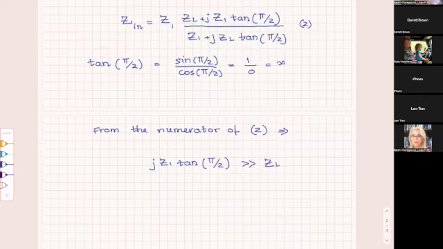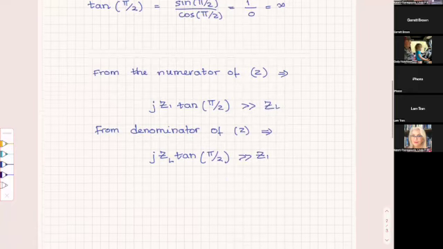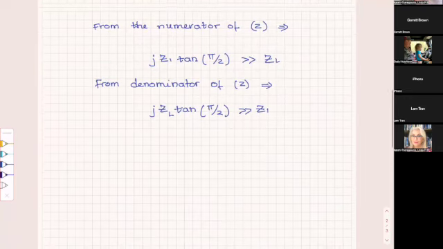And also from the denominator of 2, what do we find? That j ZL tangent pi over 2 is much larger than Z1.